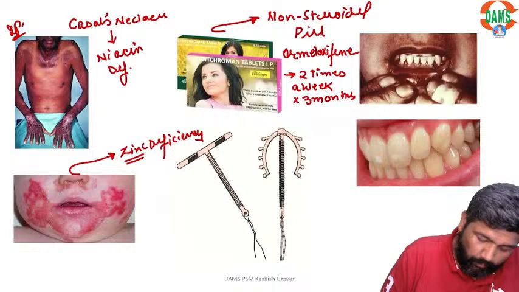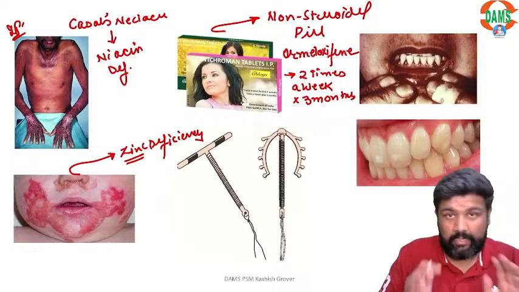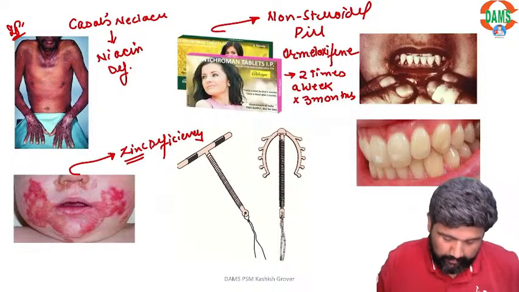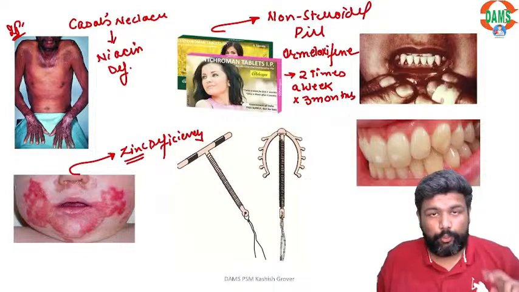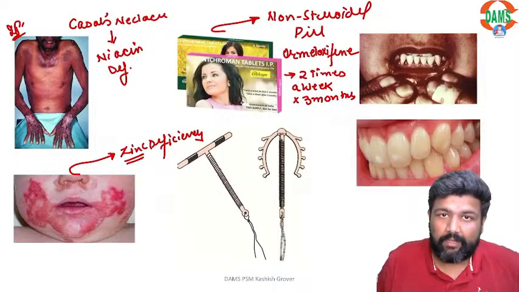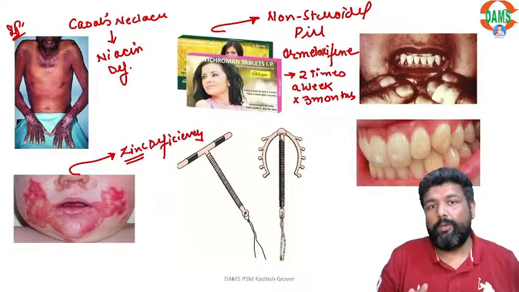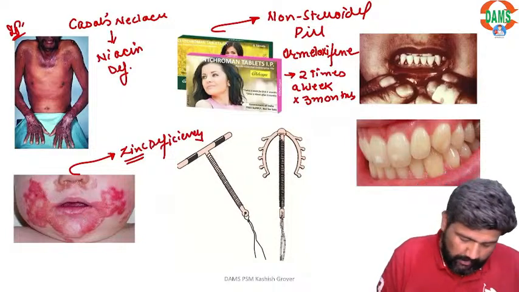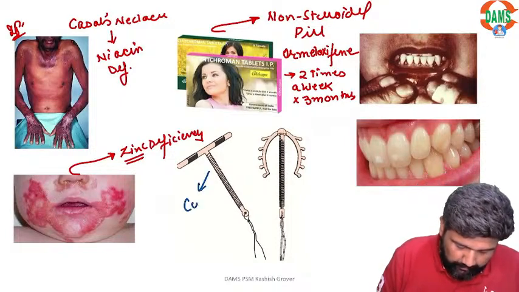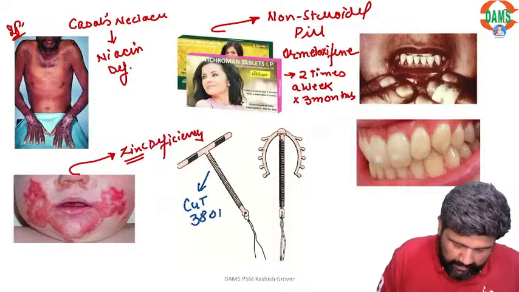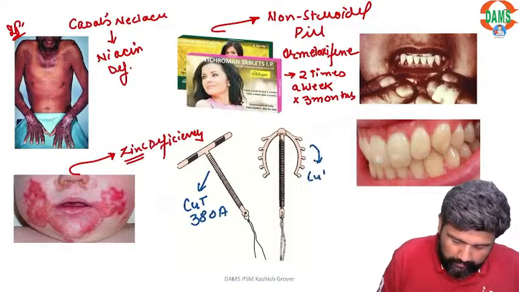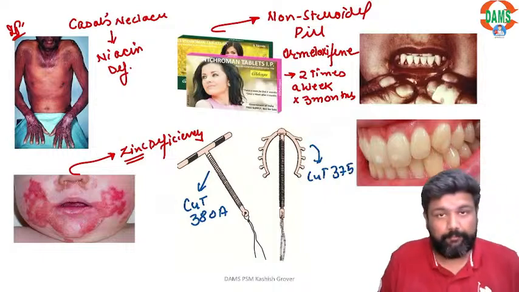Now beta, I want to tell you that under Government of India, 2 copper T devices are given. Earlier it was only one, copper T 380A. So this is copper T 380A and this is copper T 375.